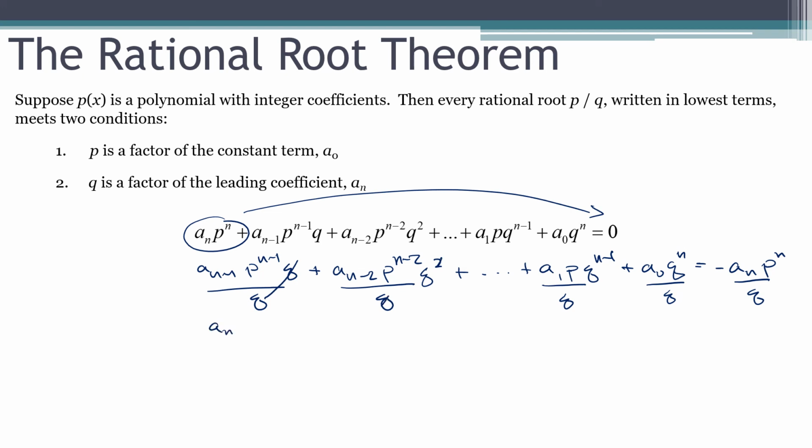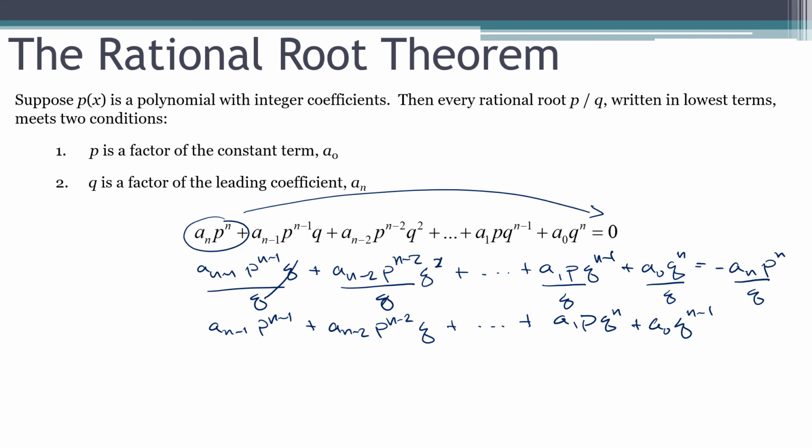I get a n minus 1 p to the n minus 1 plus a n minus 2 p to the n minus 2 times q, plus all the way out here a1 p q to the n minus 2.